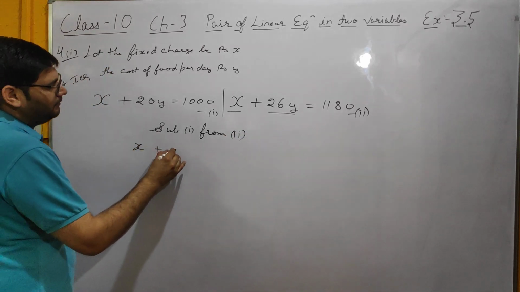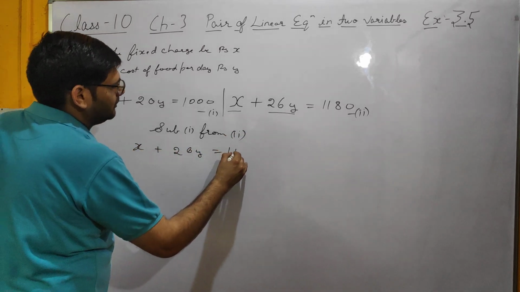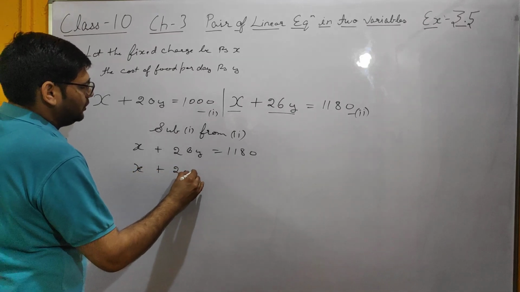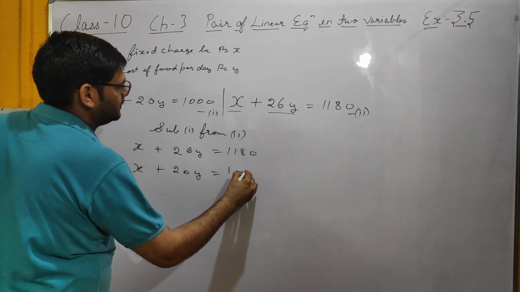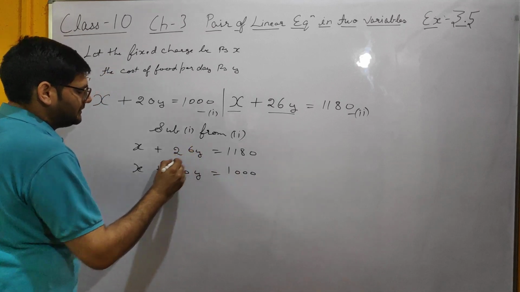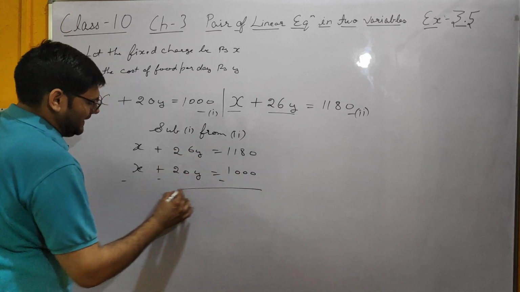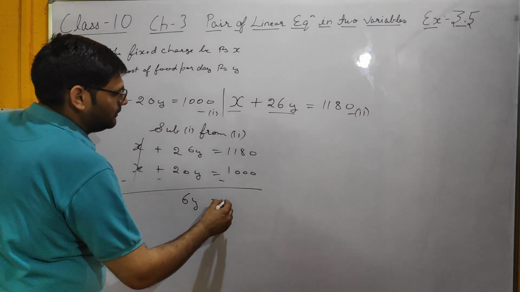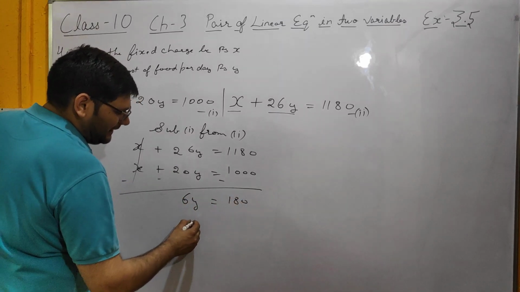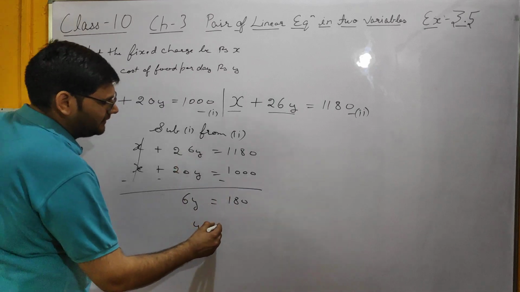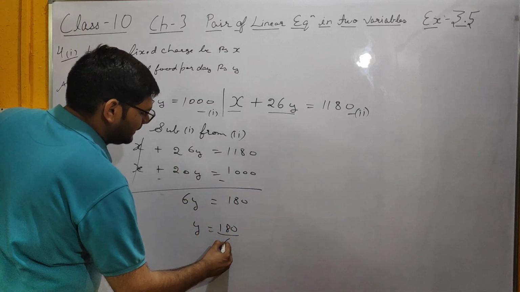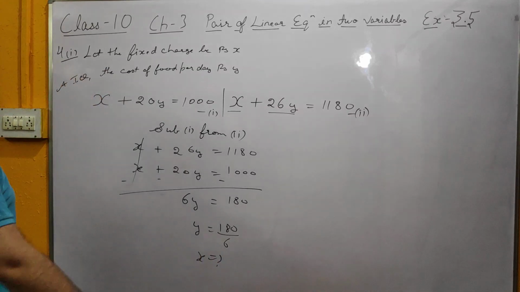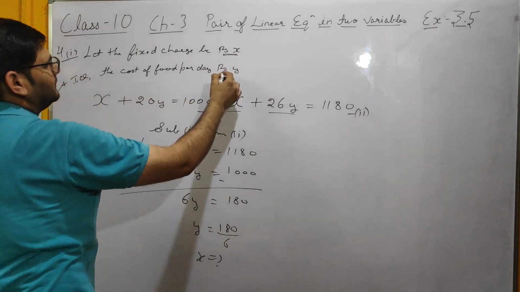So X plus 26Y equals 1180. Then X plus 20Y equals 1000. Now we will subtract them. After subtracting, X will be cancelled. 6Y equals 180. Then you can find the value of Y, and X also. Find Y and then find X. Clear? So in rupees you will get the answer.